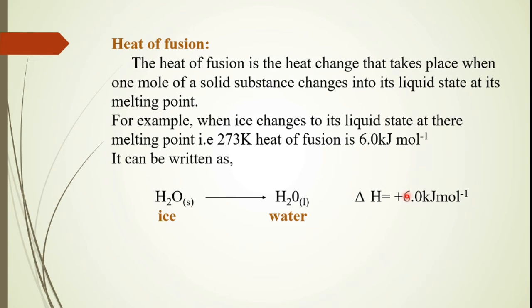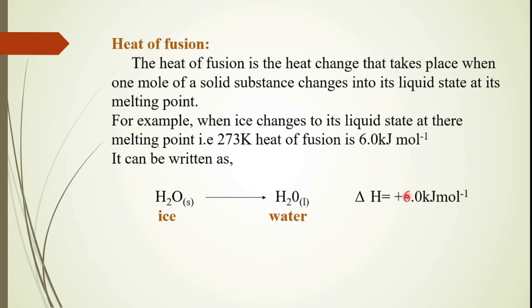The next term is heat of fusion. The heat of fusion is the heat change that takes place when 1 mole of a solid substance changes to its liquid state at its melting point.